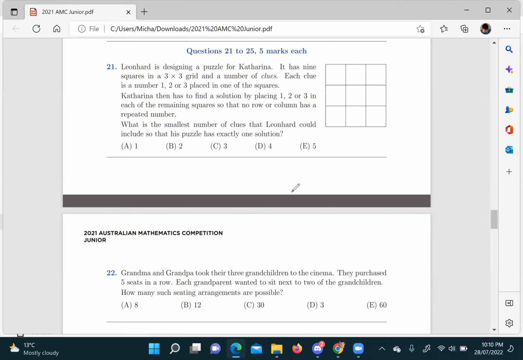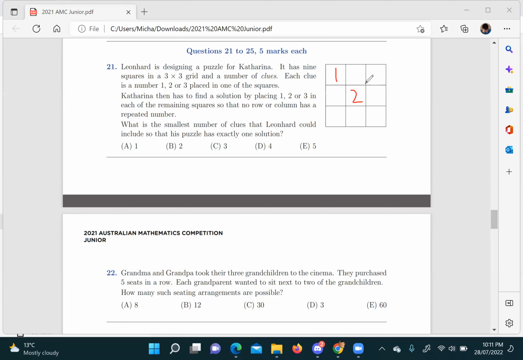Which ones have you tried? Wait, what do you mean? Have you found anything with 2? No. Have you tried putting a 1 and a 2 here? What did you get? Hold up, let me put this.